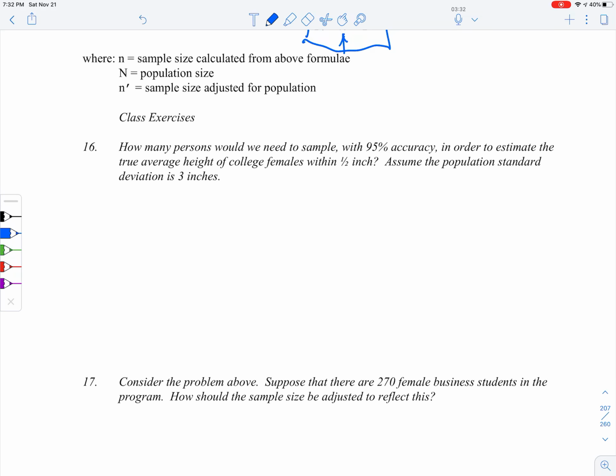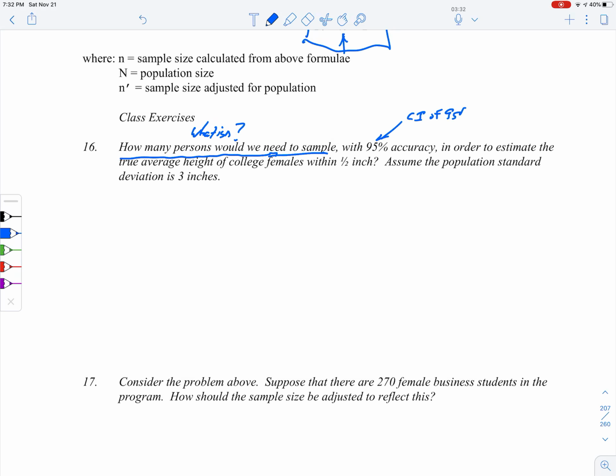Let's walk through a problem here. We'll actually do two problems here, and I'll leave the rest for homework. How many persons would be needed? So that's a dead giveaway that we're talking about what is n. Okay, so what is n is what we're asking about. How many persons would be needed? We need to sample with 95% accuracy.